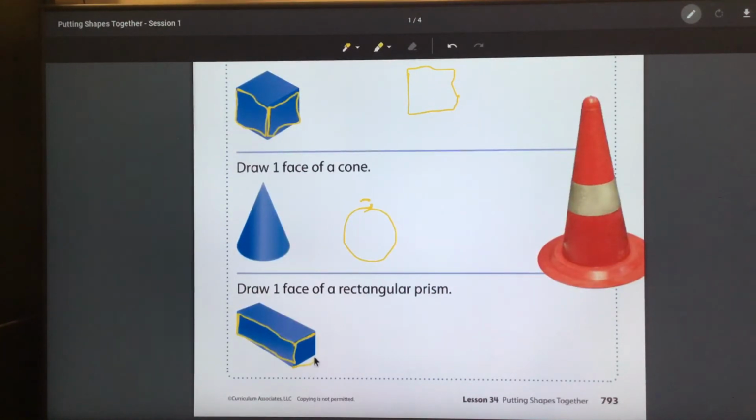That would be a square. So the rectangular prism has a square face and a rectangle face. But the direction says just to draw one face of a rectangular prism. I'm going to draw a rectangle. You could draw a rectangle or a square. Okay, so that is the face of those shapes.